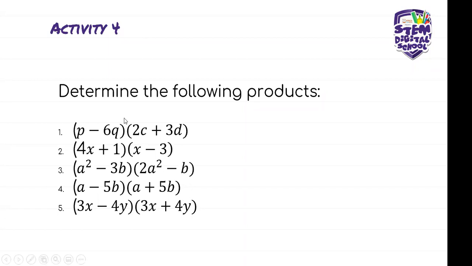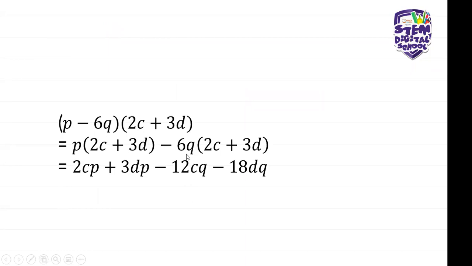Let's zoom directly into the first one now. Just as an example, you can see that we have P minus 6Q into 2C plus 3D. Right. I'm just going to show you that what we have here is a multiplication of binomials.